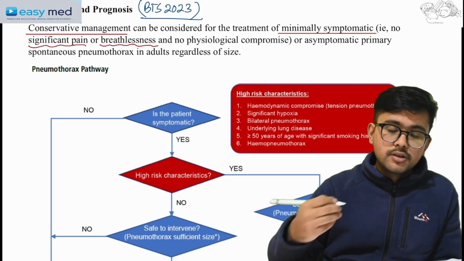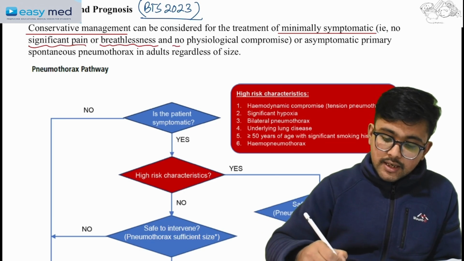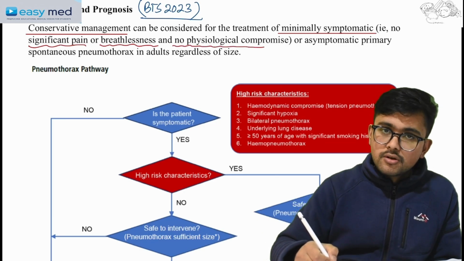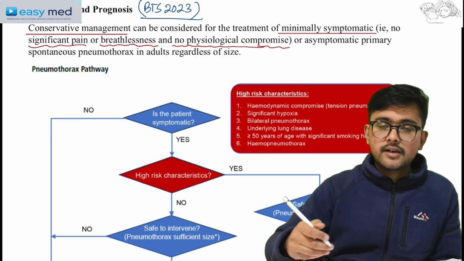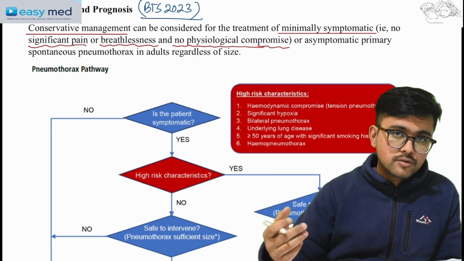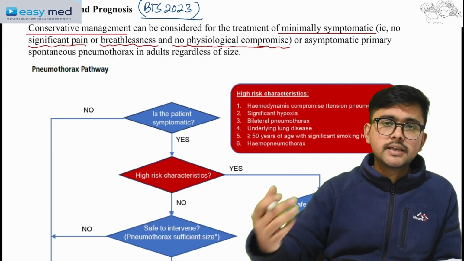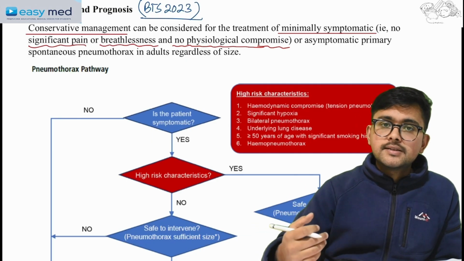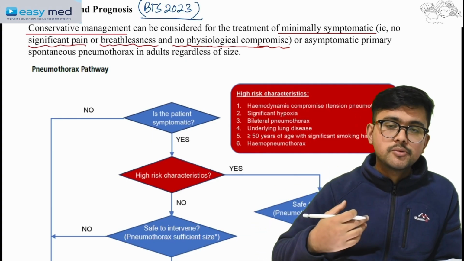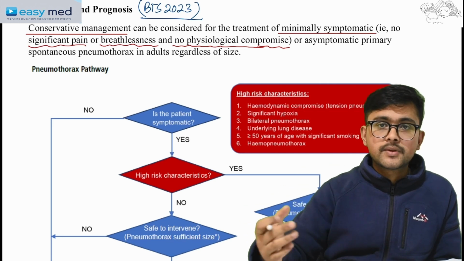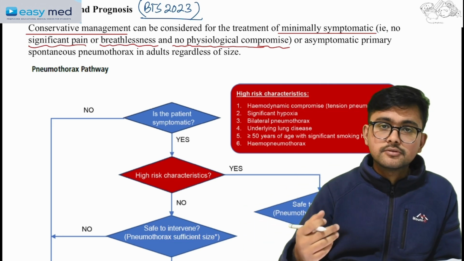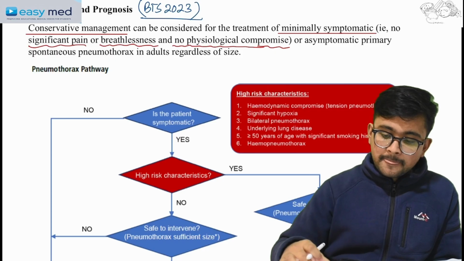There also should not be any physiological compromise. Like I said, heart rate should not be increased, saturation should not drop, BP should not drop. In layperson terms, if a person comes to you, has a pneumothorax but is clinically stable, you might not have to intervene in such cases.